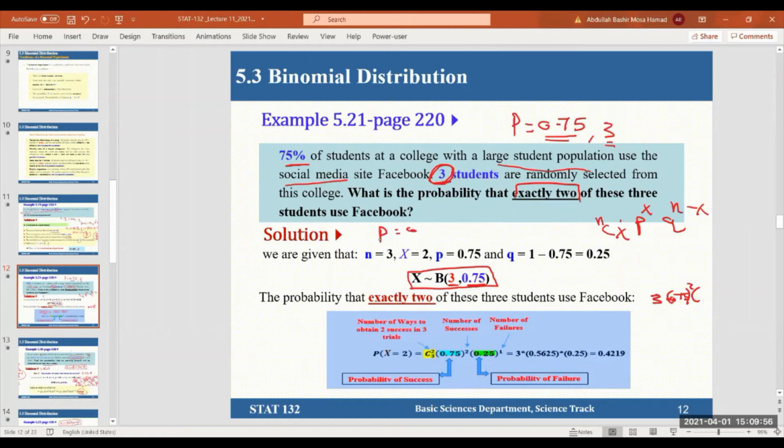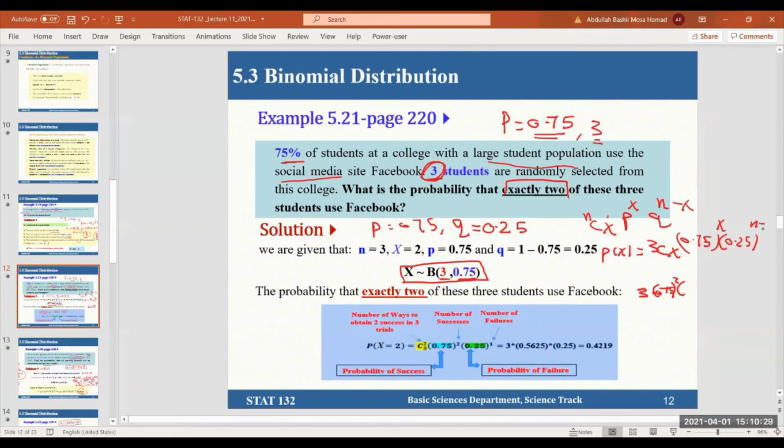If p equals 0.75, then q equals 0.25. Yes, q is 0.25. So we write P of x equals 3Cx, 0.75 power x, 0.25 power n minus x.